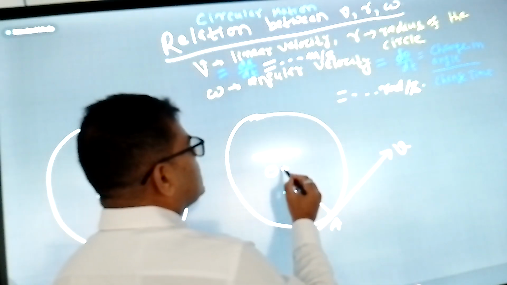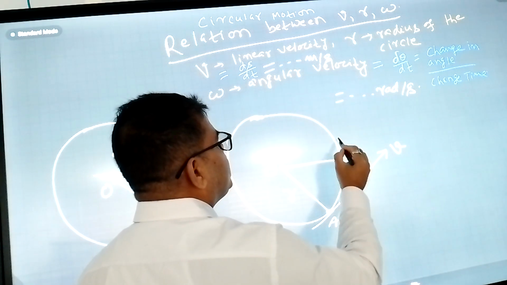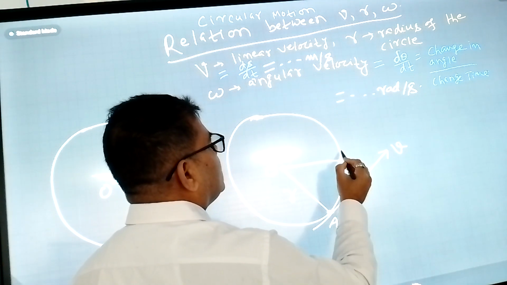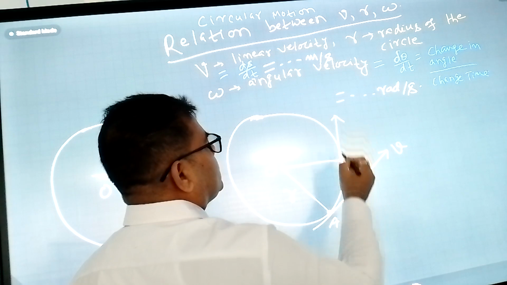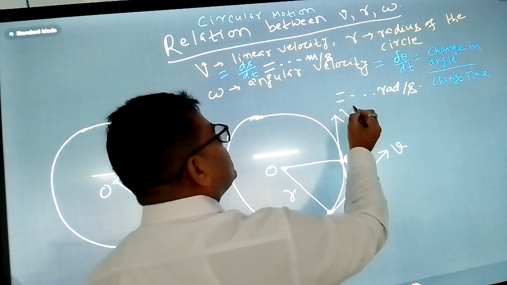Next, in some time the particle is at this position, which you can call B, and the velocity is this.